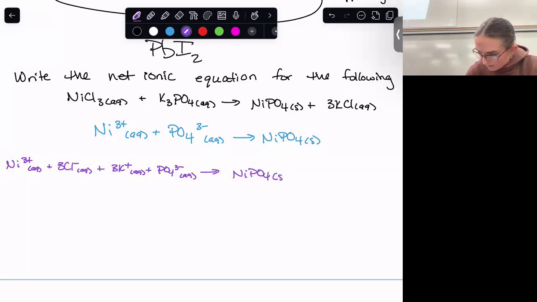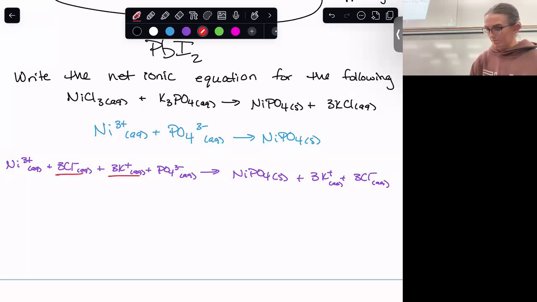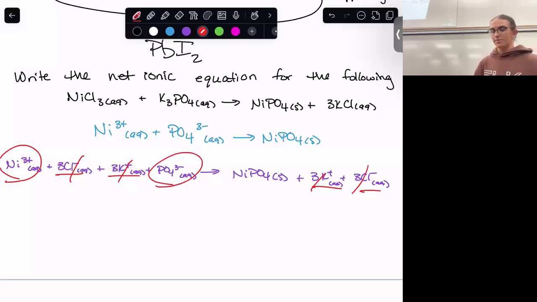You have your solid, and then you have 3 K+ and 3 Cl-. So as we cancel that out, the chloride and potassium, potassium chloride, we're left with the nickel and the phosphate.